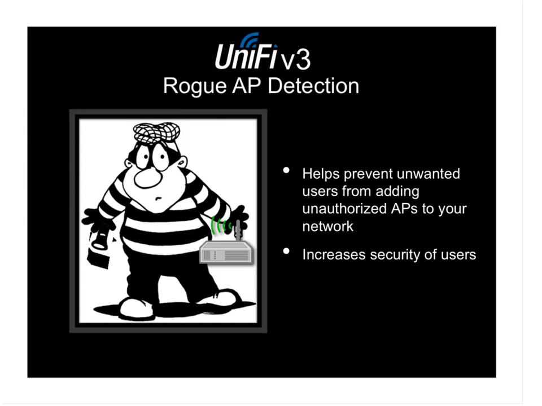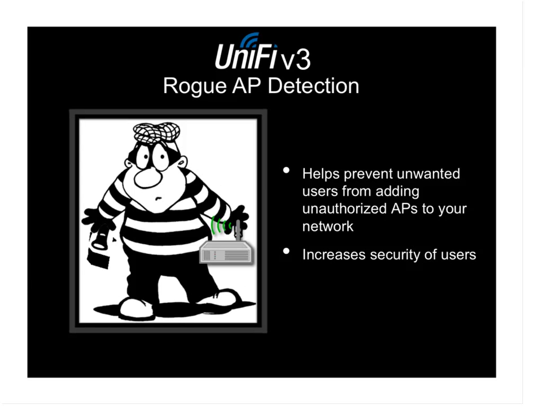Rogue AP detection. This is also a popular request that we had. Rogue APs can present a security threat for your network. If you have an enterprise network of open access points and you have maybe some customers up to no good who install their own open access point with the same SSID, other customers may connect to that rogue access point, and that attacker can collect that user's information and sensitive data.